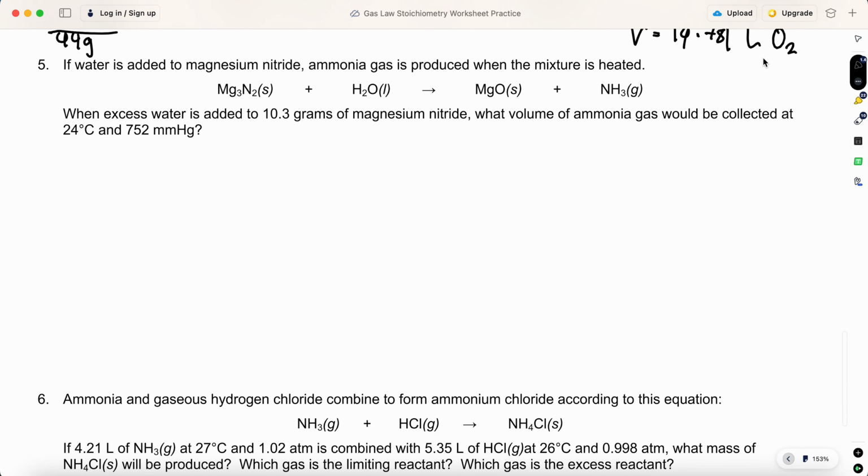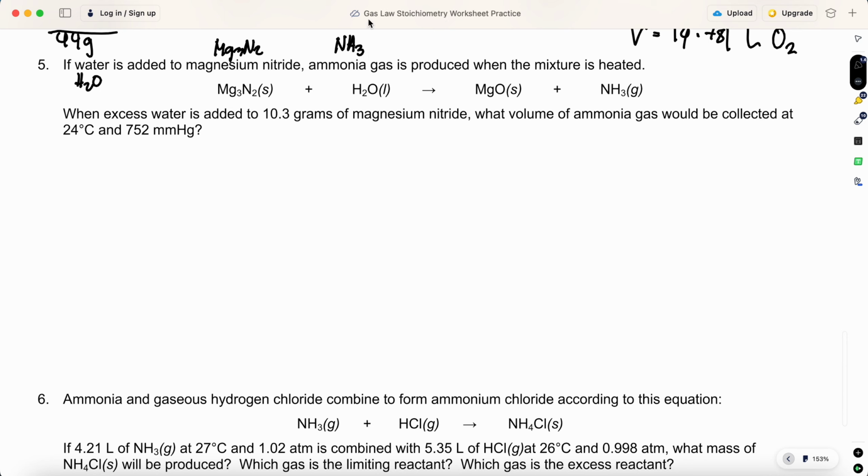So for problem number 5, we have: if water is added to magnesium nitride, Mg3N2, ammonia gas, magnesium nitride is Mg3N2, water is of course H2O, and ammonia is NH3.